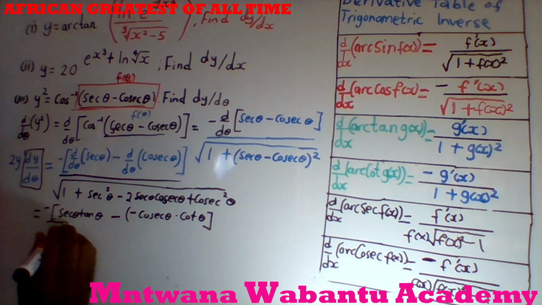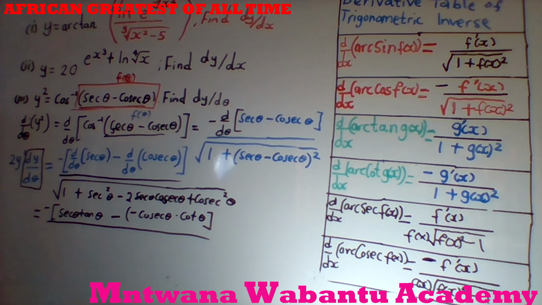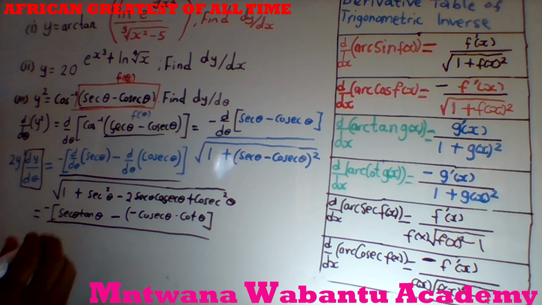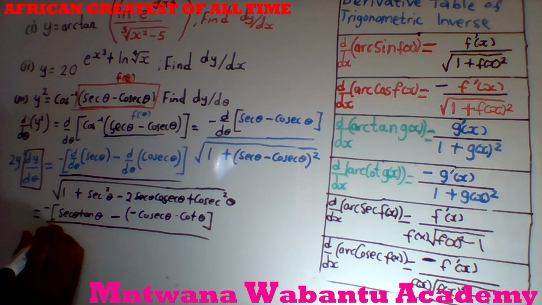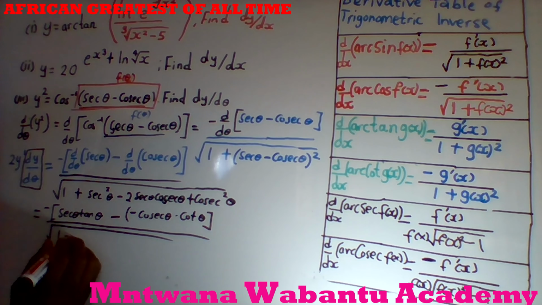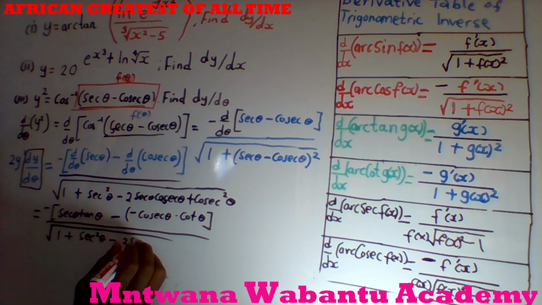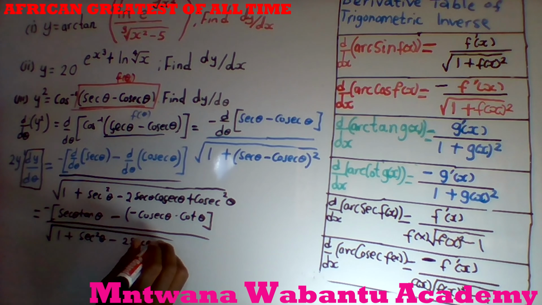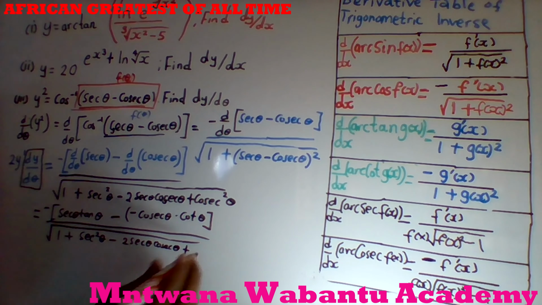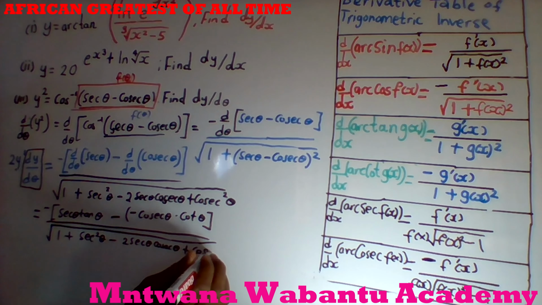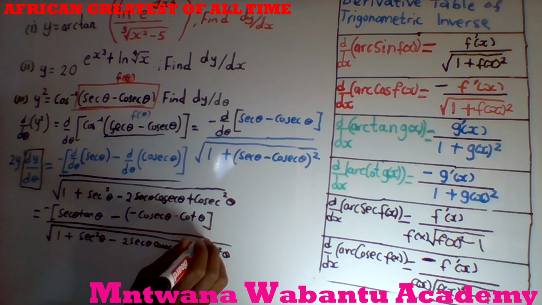This way you get it in the table also. And then we have over square root of 1 plus sec square theta minus 2 sec theta cosec theta, and then plus cosec square theta.